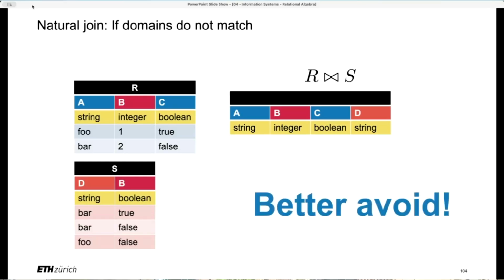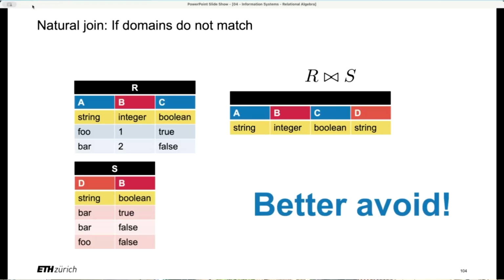Okay. Now, like many things that we see in relational algebra and in the query language, you might try to push things to their limits and try things that might be a bit unusual. For example, what happens if somebody wants to compute the natural join of two tables, but they don't have any attributes in common?